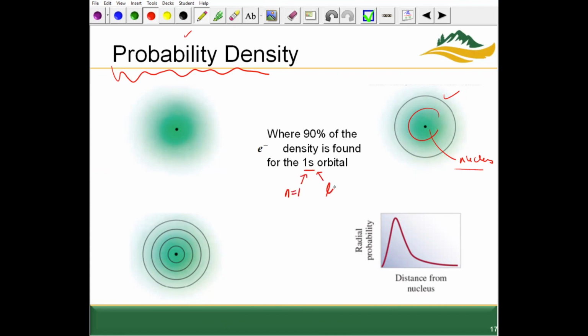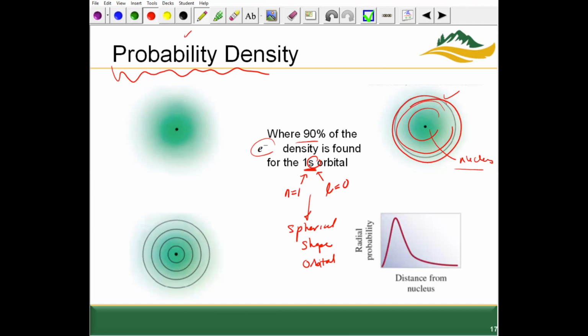S means L is equal to 0. S is a spherical shaped orbital. So 90% of electron density is found in this certain volume for a 1s orbital.